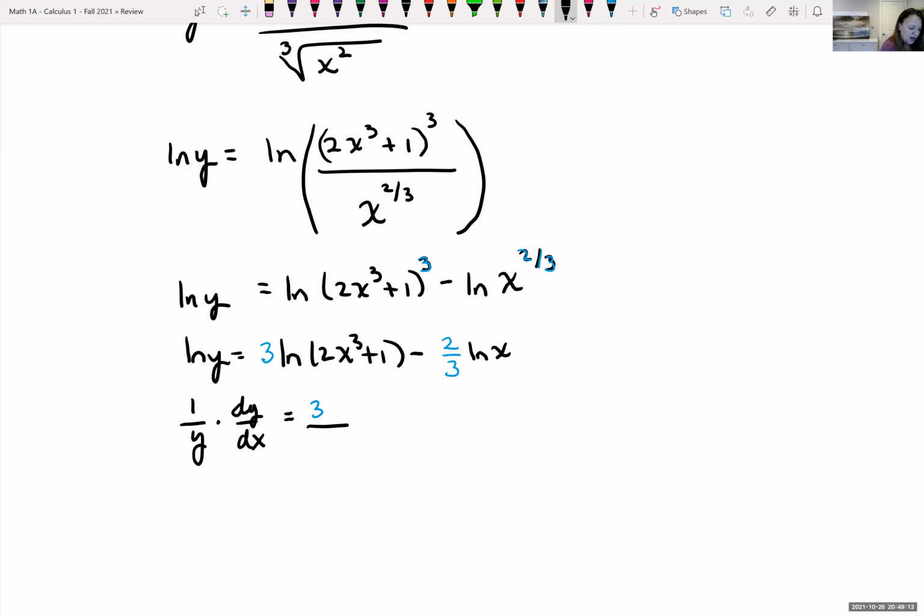The derivative of natural log is 1 over what you're taking the natural log of, which is 2x cubed plus 1 in this case, times the derivative of the inside. So the derivative of 2x cubed plus 1 is 6x squared. Minus 2/3, and the derivative of natural log of x is 1 over x times the derivative of x, which is 1.